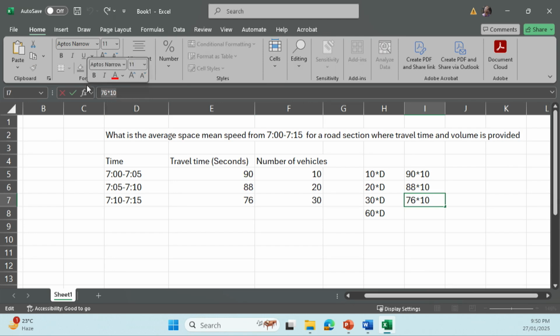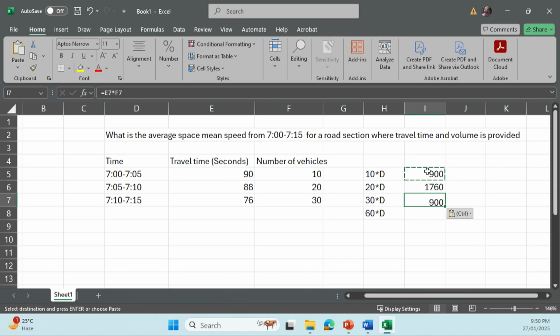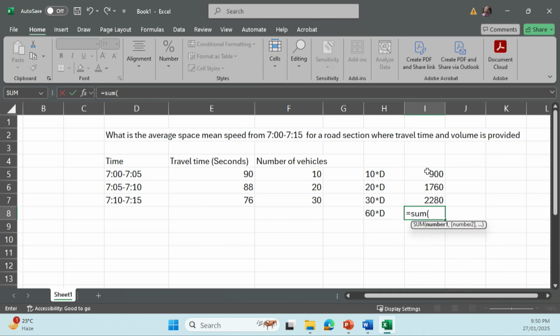My bad, I'm not looking at it properly because I can't see the screen, sorry. What happened? It will be simply 90 times 10. Second one will be 88 times 20. And third one will be 76 times 30. So total time taken will be the summation of all these.